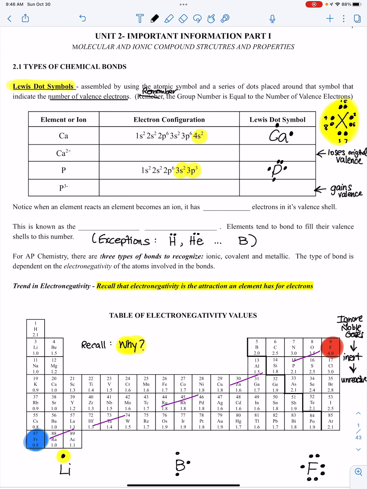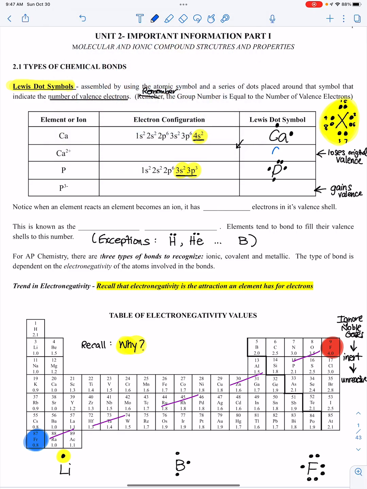I also wanted to do a little bit of review with looking at the electron configuration and seeing that the highest number electron orbitals or the highest number energy levels are the ones that will be found with the valence electrons. If I were to do calcium, notice how calcium has 2 valence electrons. It could form a positive 2 charge, which means it's going to lose those 2 valence electrons.